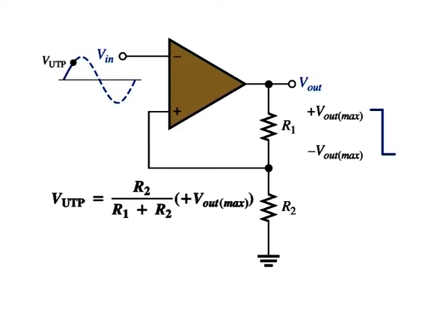When V in exceeds V UTP, the output voltage drops to its negative maximum. Now the voltage fed back to the non-inverting input is V LTP and is expressed as V LTP = R2/(R1+R2) × (-V out maximum).